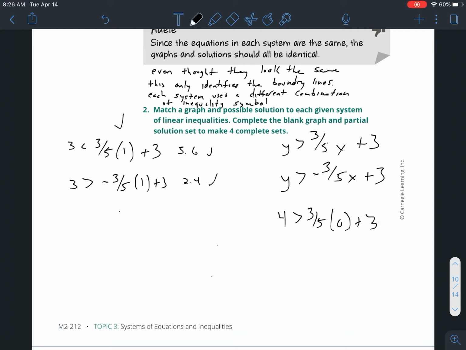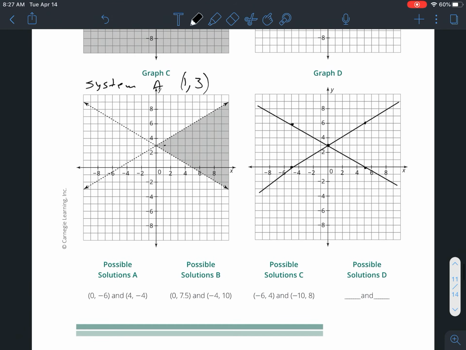Okay, so this one here, the first problem, it's going to give us 4 is greater than 3. That's true. Let's try our next one. 4 is greater than negative 3/5 times 0 plus 3. Cancels out again. 4 is greater than 3. That's true. So we know for a fact that this part up here will be shaded.